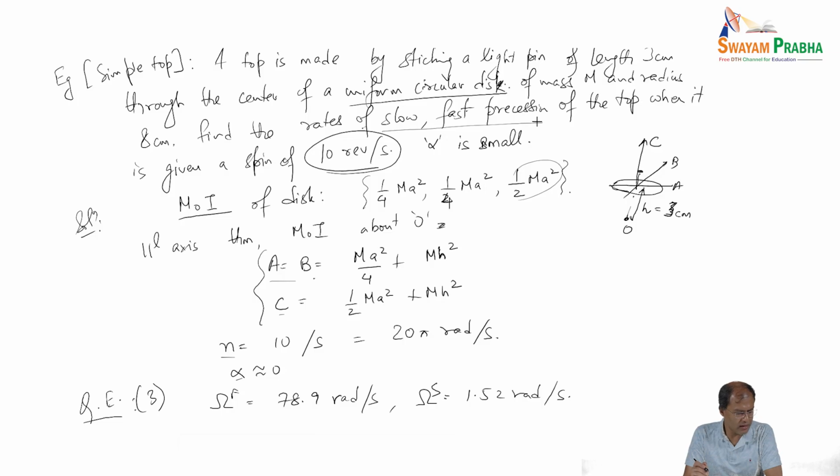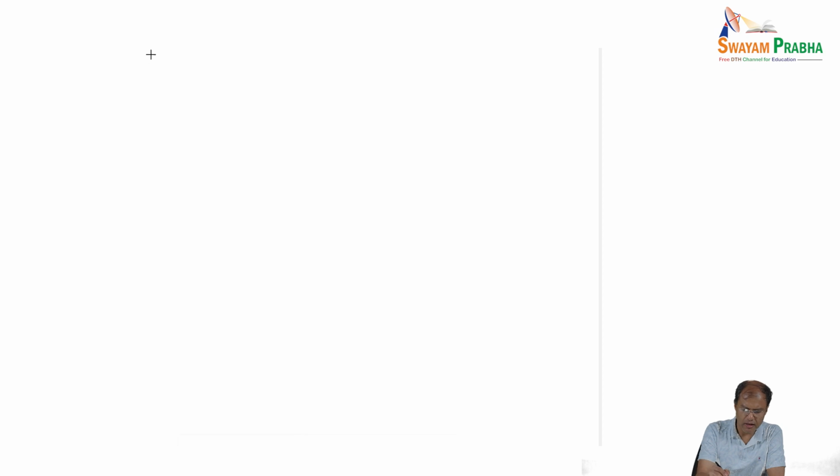Okay, so now we are going to look at the motion of the top when it is from the axis which is fitted with the body of the top, right? So we are looking at the so-called Lagrangian dynamics of the top.